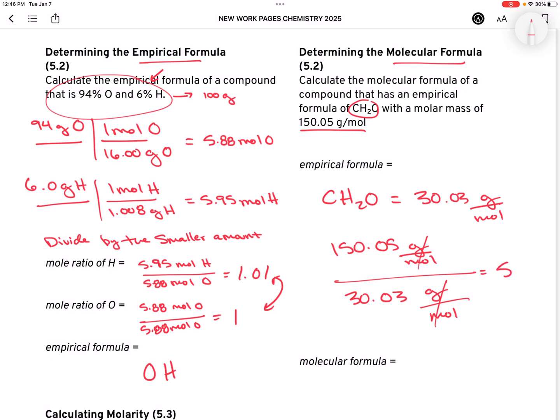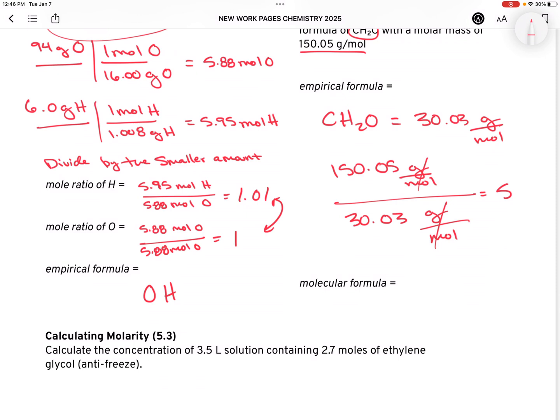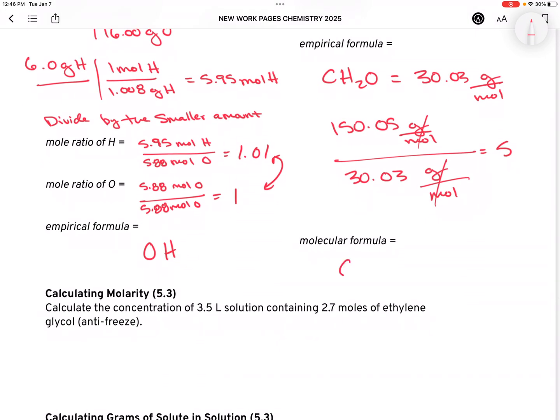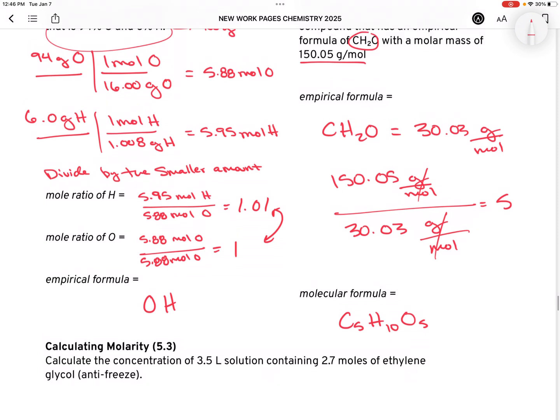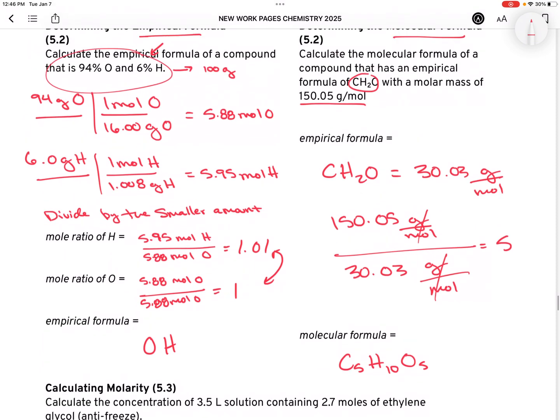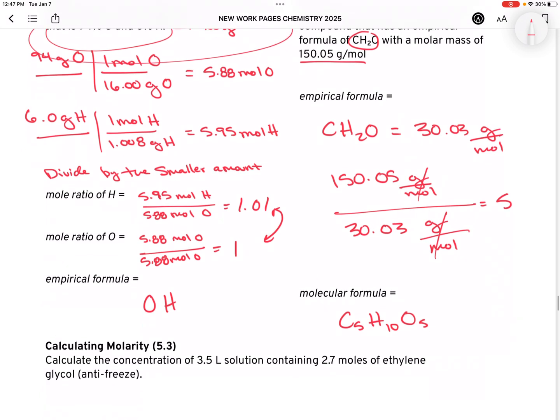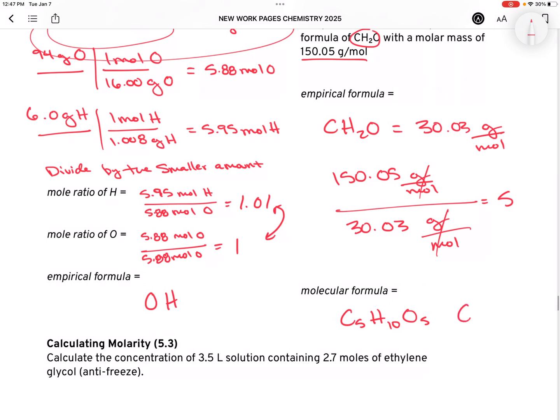So what we're seeing here is that CH2O is a multiple of 5 of that. So what we're really working with in the lab is not CH2O, it's actually C5H10O5. And the reason we're doing this is because if you were to do the percentages like what we did before, if it was 94%, 6%, etc., we don't know if we're working with C4H8O4.